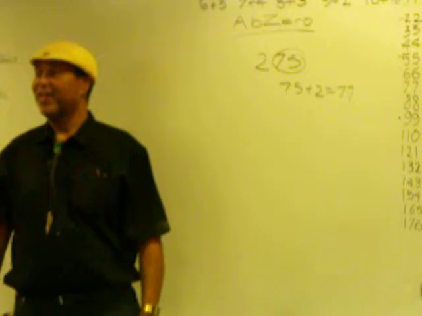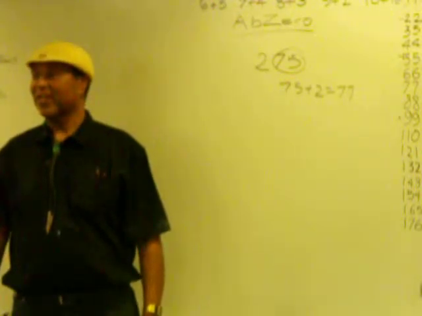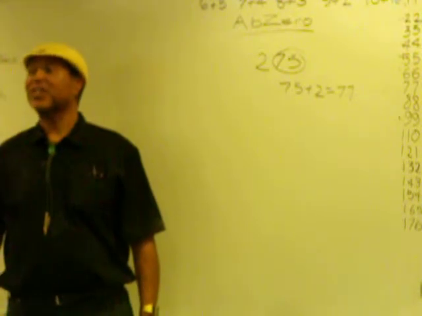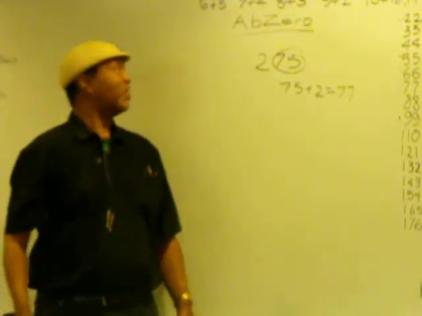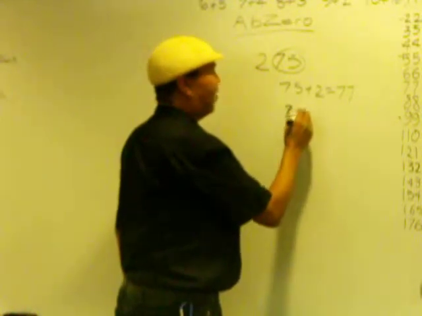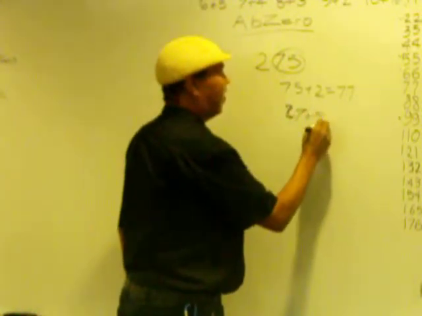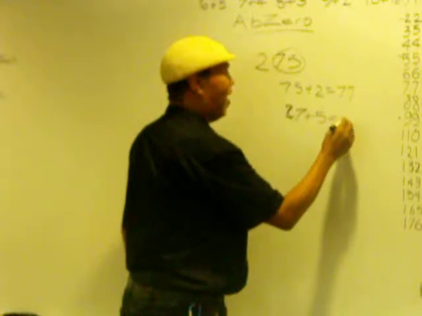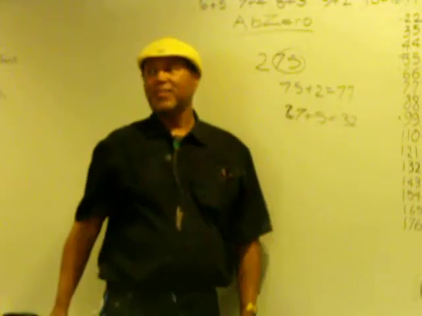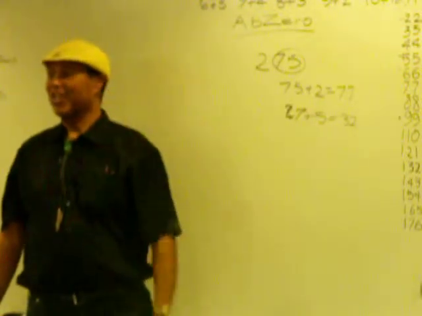Reciprocal. We just talked about reciprocals. Yes. 27 plus 5. All right. 27 plus 5 equals 33. 32. Missed it by that much.